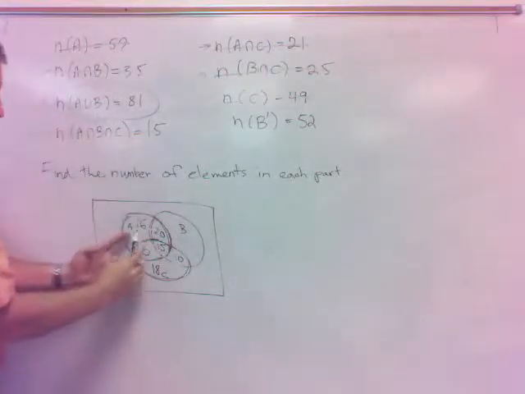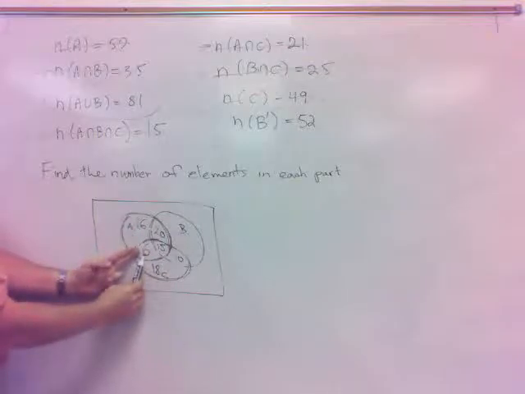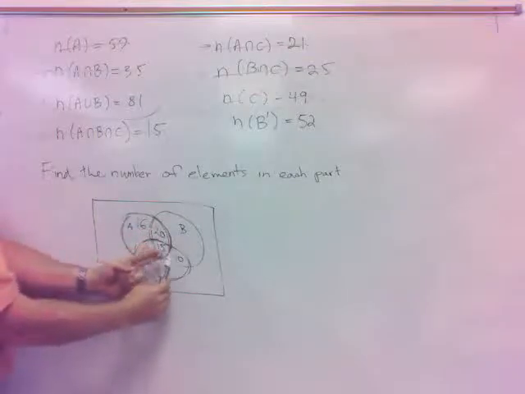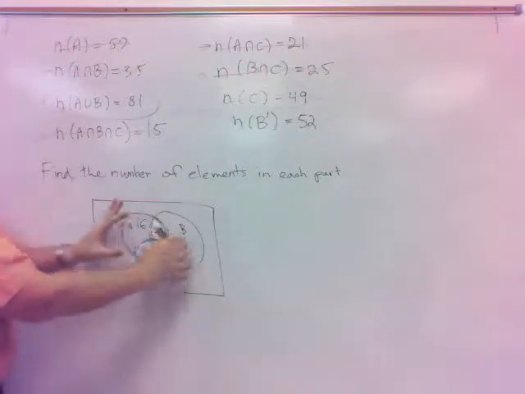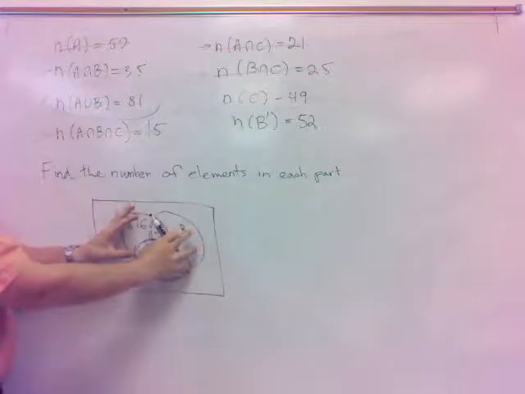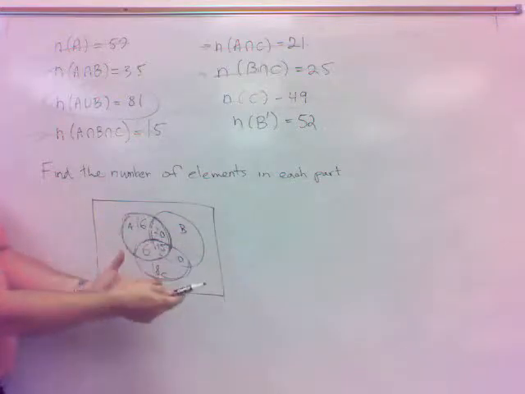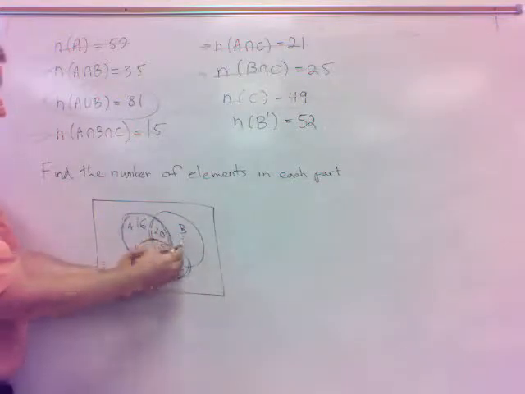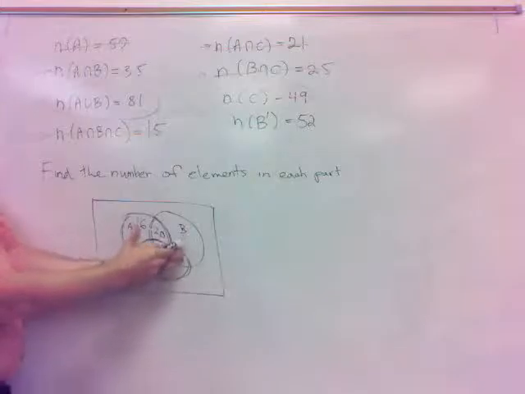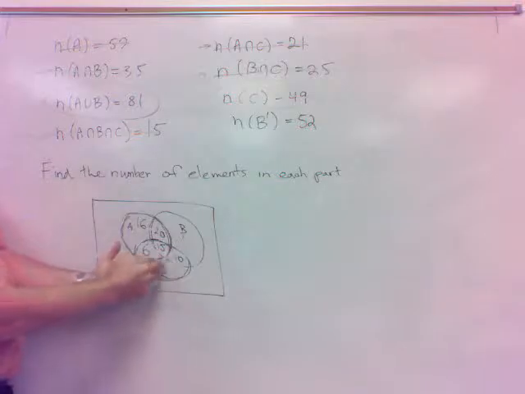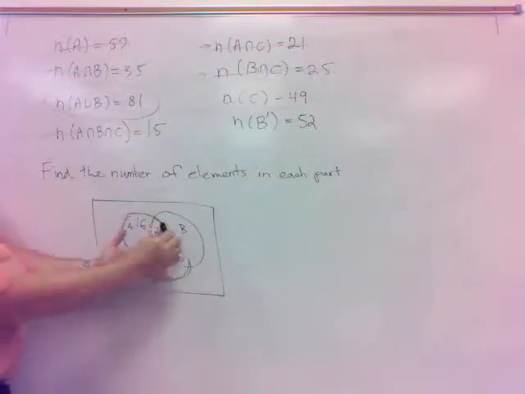So A union B has 16, 6, 20, 15, 10, and that, everything in those 2 sets. Which is 6 parts, a lot of parts, but the good news is I know all of them except one of them. So I can figure out that one. These all have to add up to be 81.